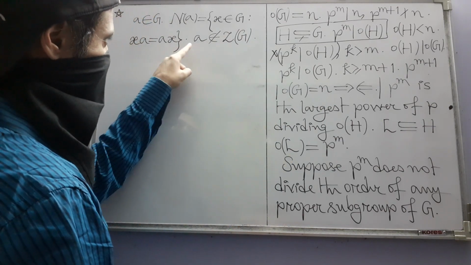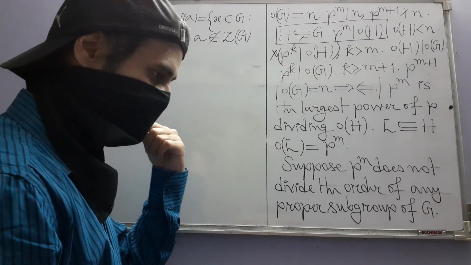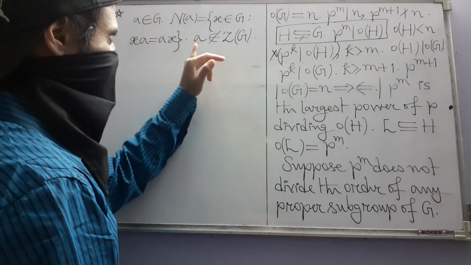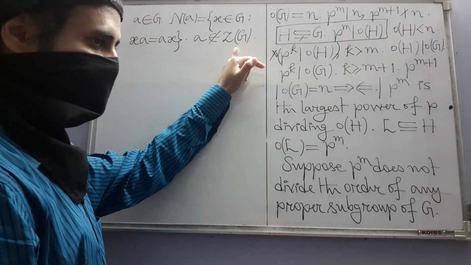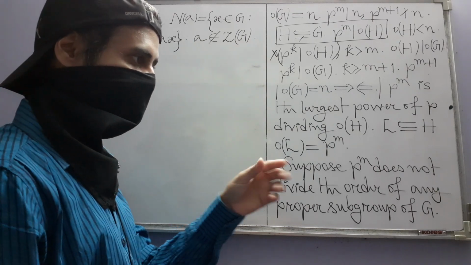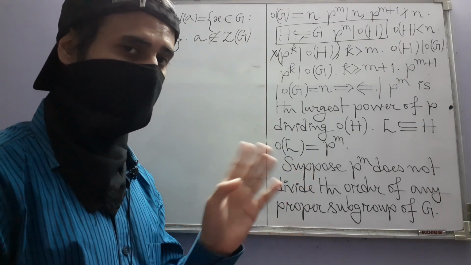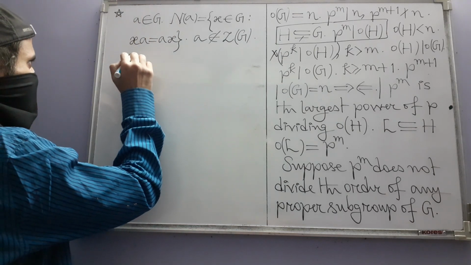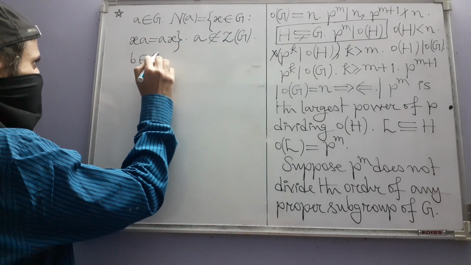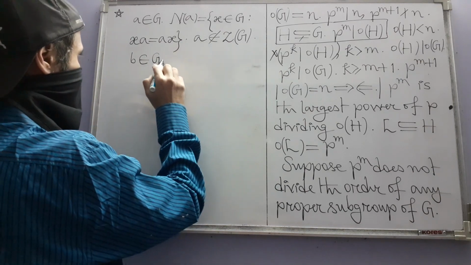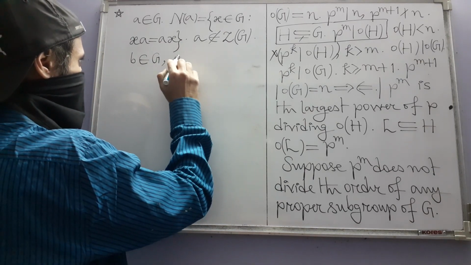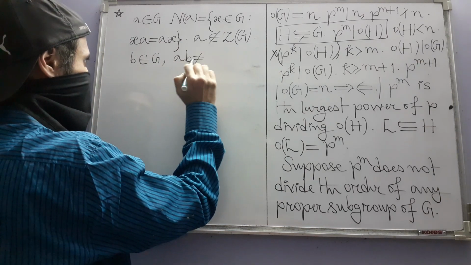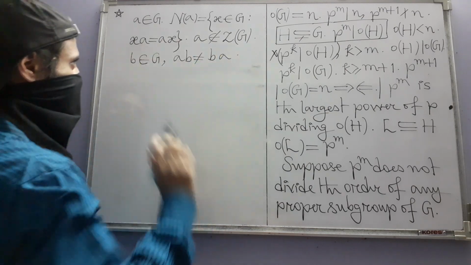It simply means that A commutes with every element of G. Now, if A is not in the center, that means there exists at least one B in G such that AB is not equal to BA.